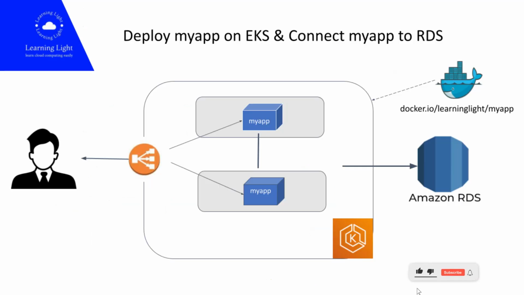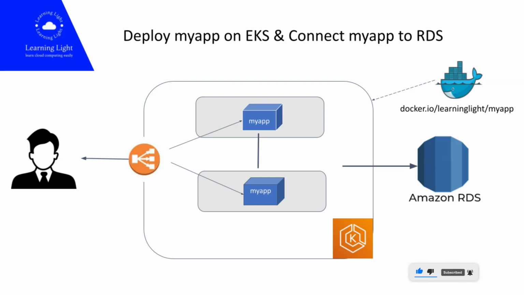Now, in this particular lecture, we will see how we can deploy our MyApp Docker container in EKS, which will eventually connect to an RDS MySQL database, and that connection will be secure and private.